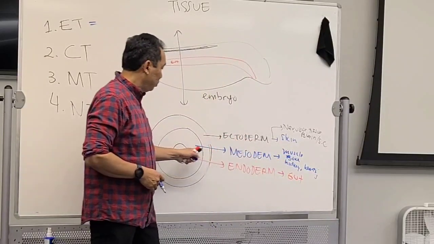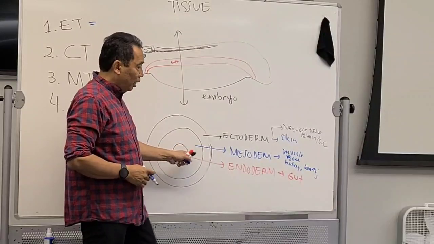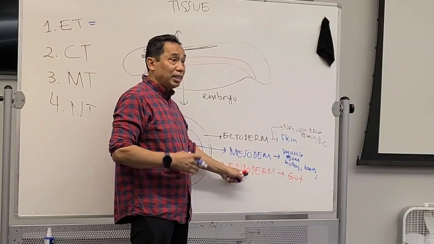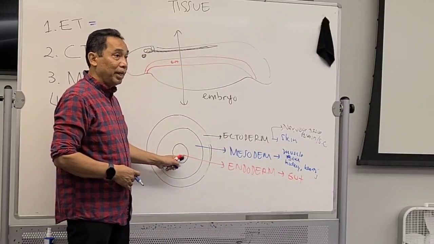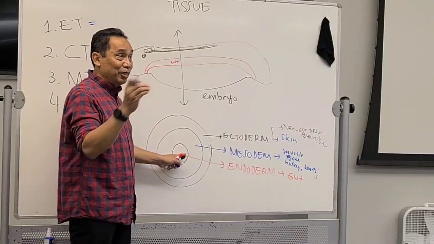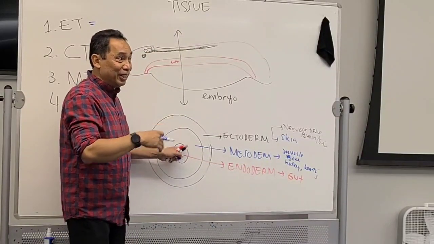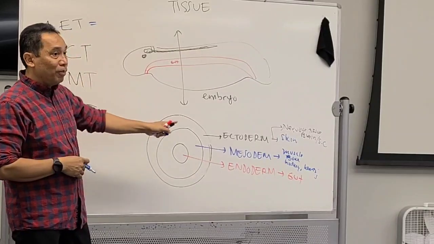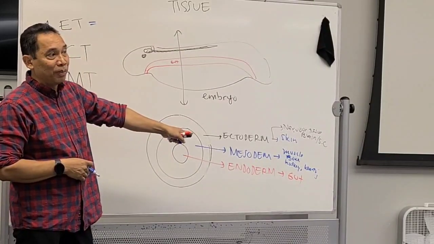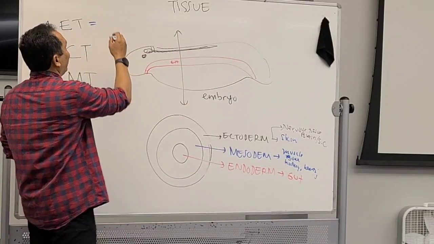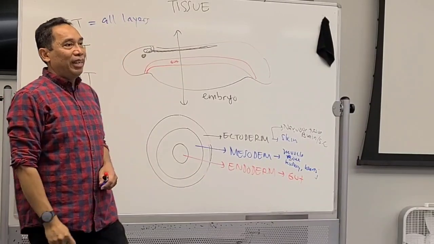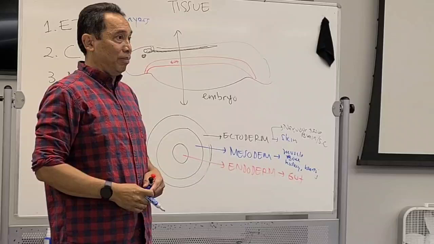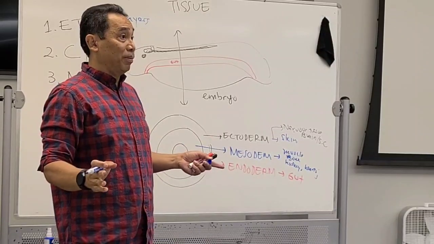Kidney is made of mesoderm, right? If it is your gut, it has epithelial tissue also. And gut is made from endoderm. Can you make the connection? So the ET is actually made from which layer? All, right? ET is made from all layers, because every organ has ET.